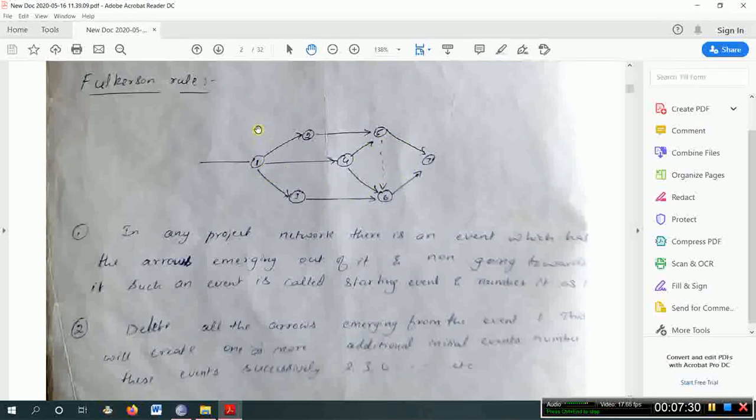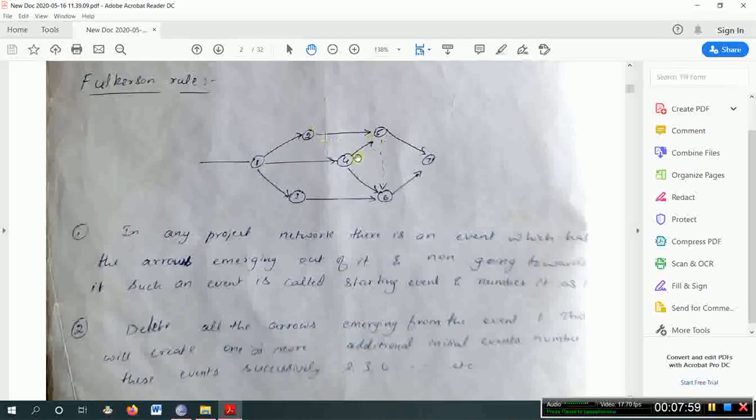The Fulkerson rule tells how to number this network. From the start, if there are no previous nodes, the starting node has to be numbered 1. Next, close all the previous nodes; the next node will be the remaining node with no predecessor nodes, and it has to be numbered with the next number.